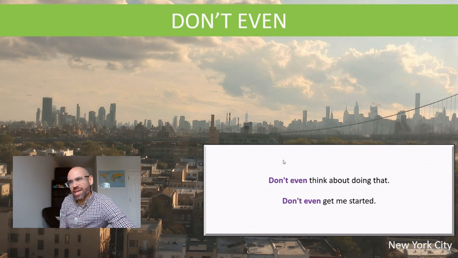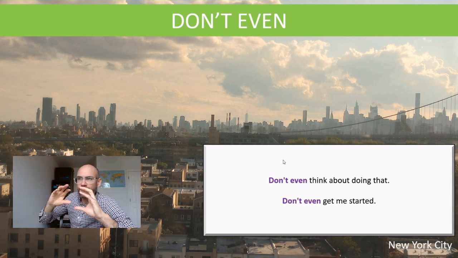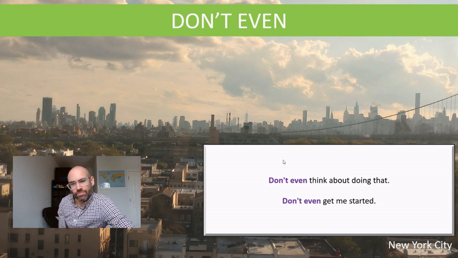But the person is not only saying, don't do it, that person is also saying, don't even think about doing it. So it's putting thinking about doing that thing on the same level, on an even level with actually doing it. So he's saying, don't even think about it. Don't even think about doing that.